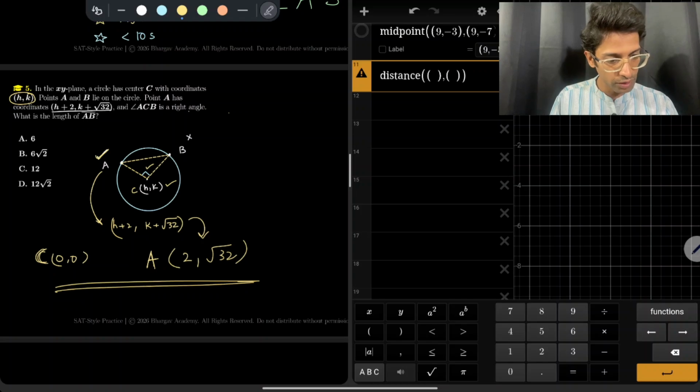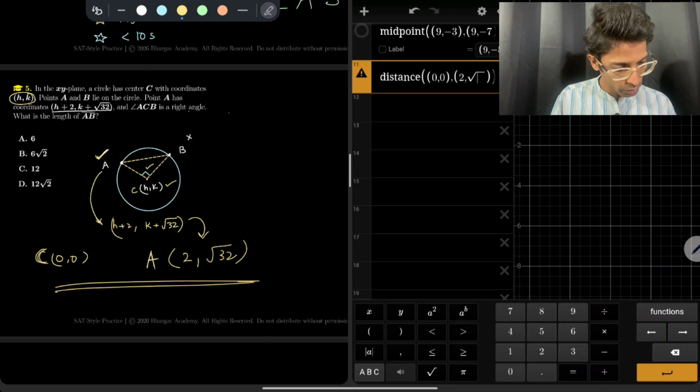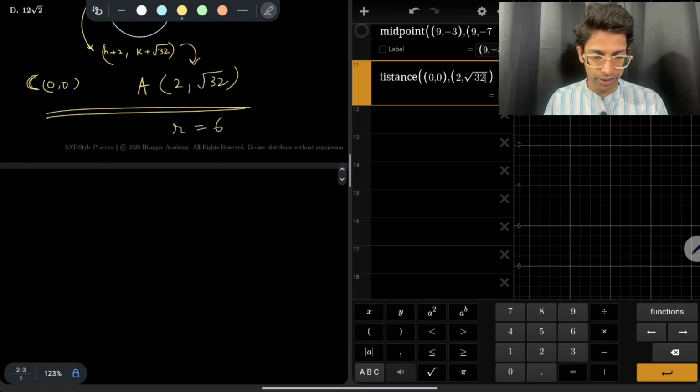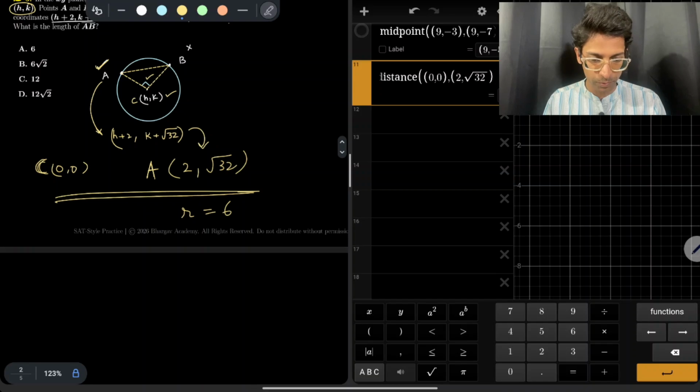First I'm typing down the template, then I'll be substituting the points. 0, 0 is 1 point, another point is 2, square root of 32. So that comes out to be 6. So the radius is 6. So the radius is 6 units.